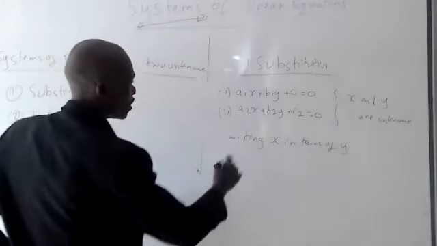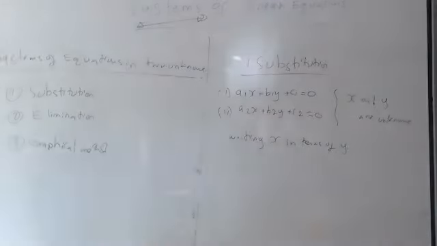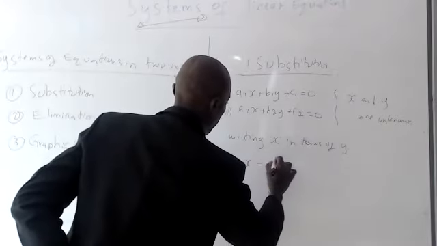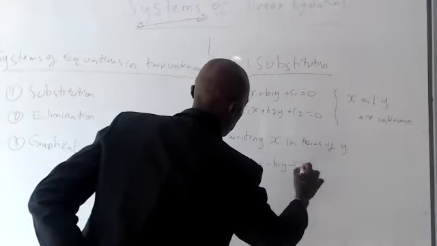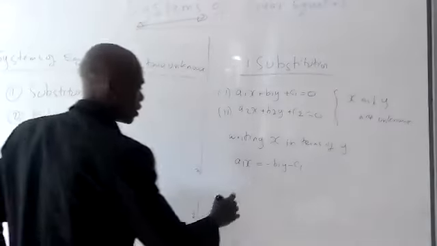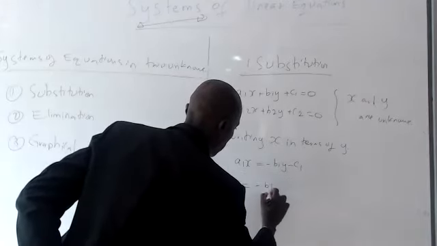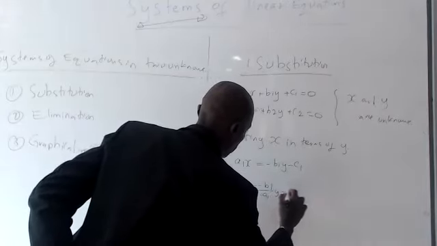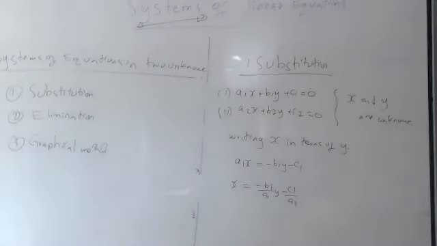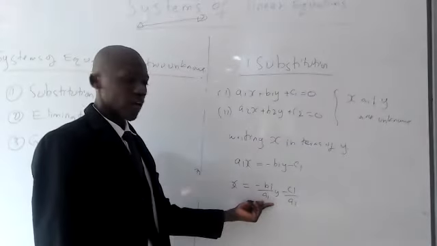So the first step, we will subtract b1y and c1 from both sides of this equation and have that a1x is minus b1y minus c1. Then divide by a1. Of course, a1 is not 0, so that you have x is minus b1 divided by a1 times y minus c1 divided by a1. Now I have x in terms of y.